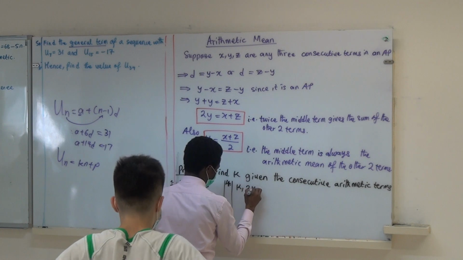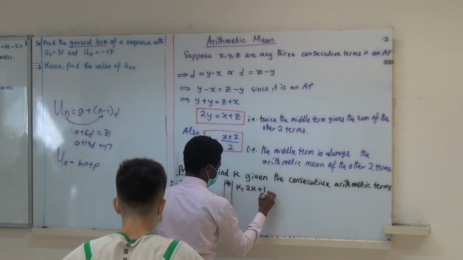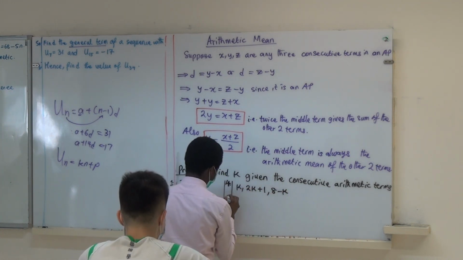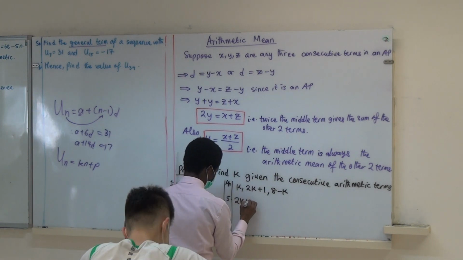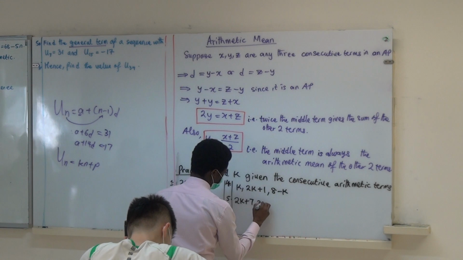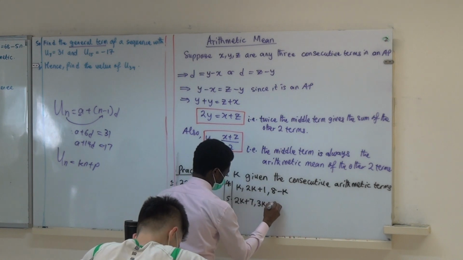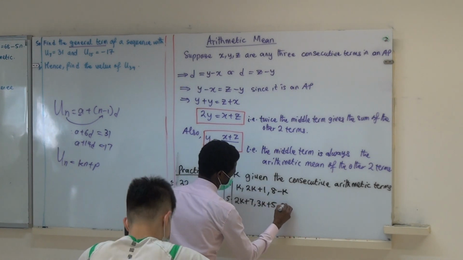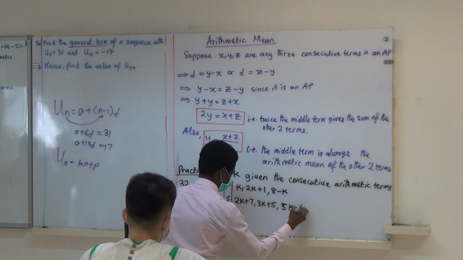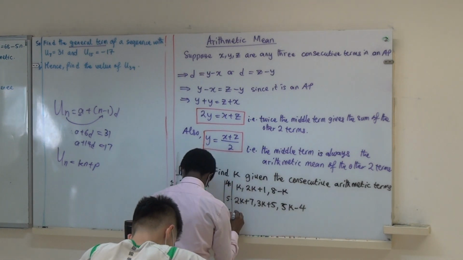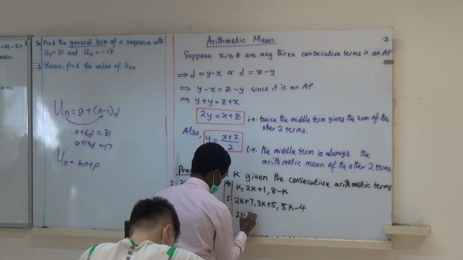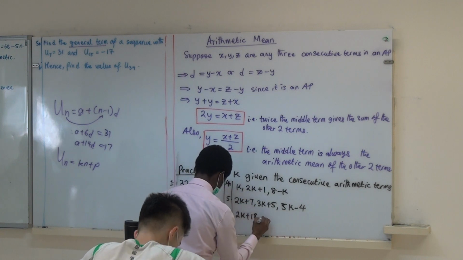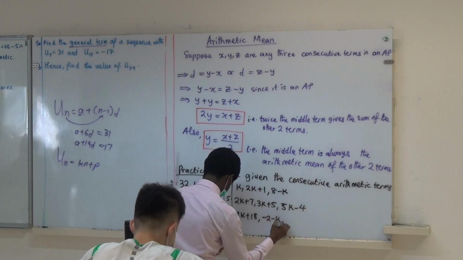K, 2K plus 1, 8 minus K. 5. Of course, some of them we will do in class, the rest we will practice later, okay? 5K minus 4. 2K plus 18 minus 2 minus K.